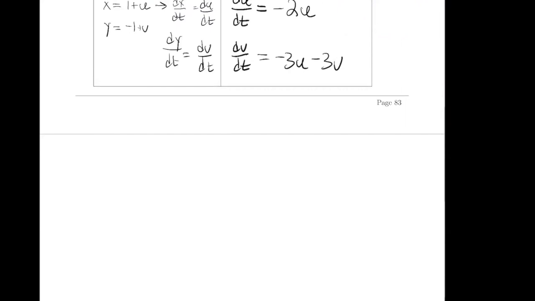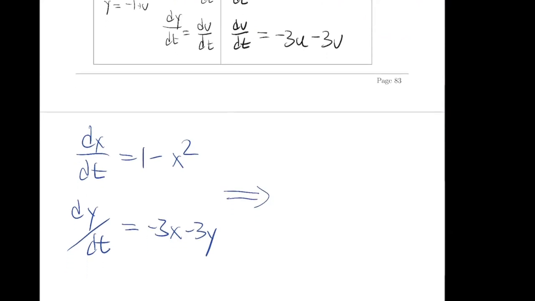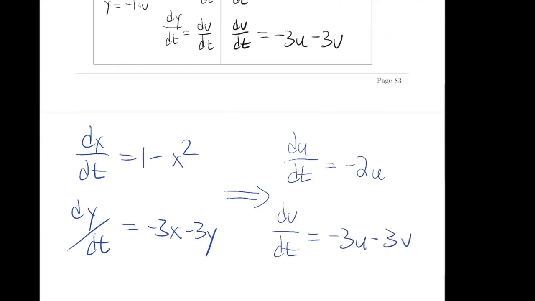And so we took this system that we started with, dx dt was 1 minus x squared, dy dt is equal to minus 3x minus 3y. And by doing this change of variables, we're now able to rewrite this as minus 3u minus 3v.